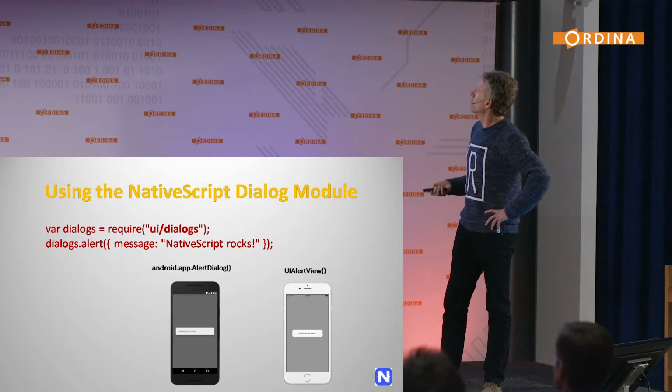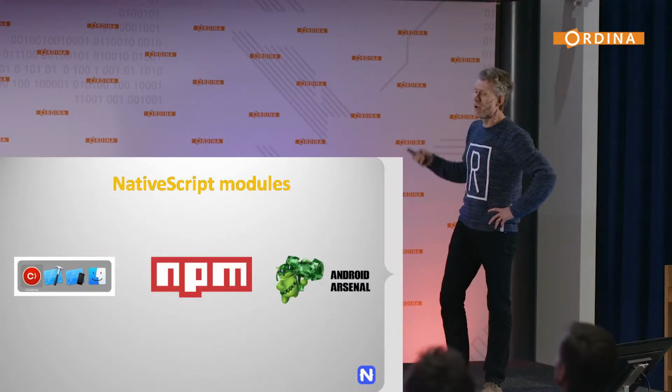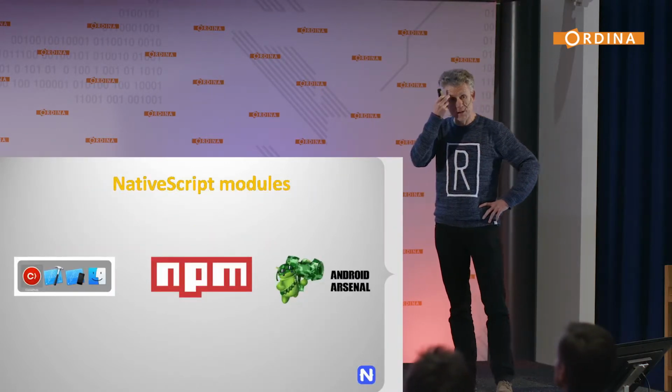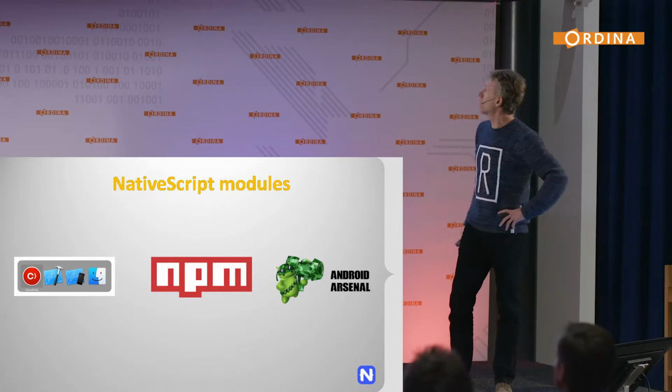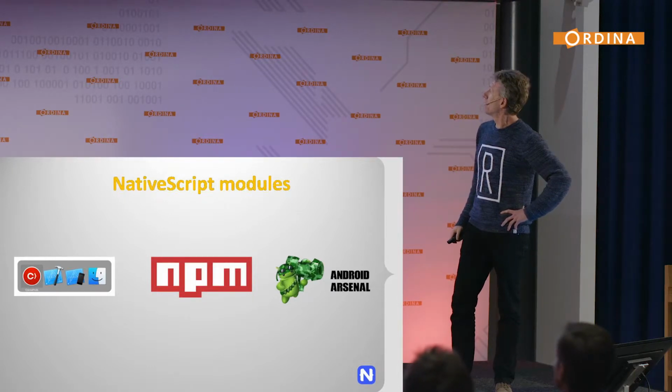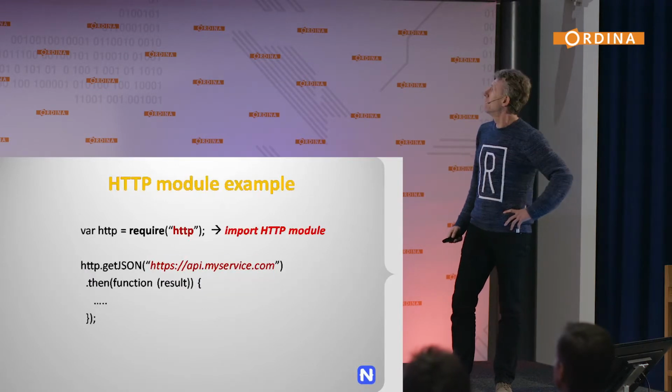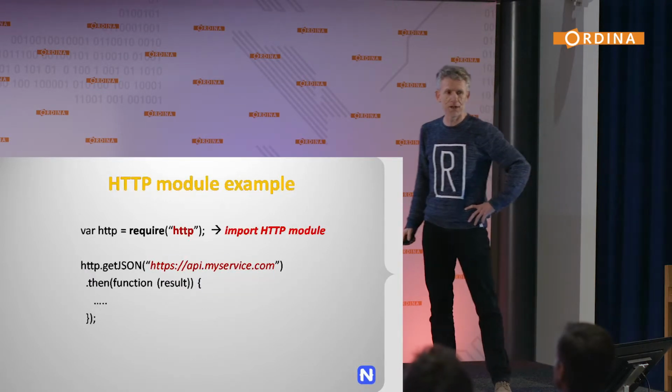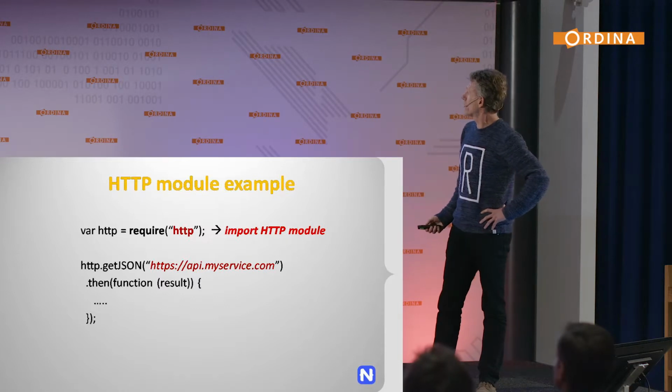You can also reuse a lot of modules. Here is another, a little more advanced module, the HTTP module. It allows you to make web requests and receive web responses.